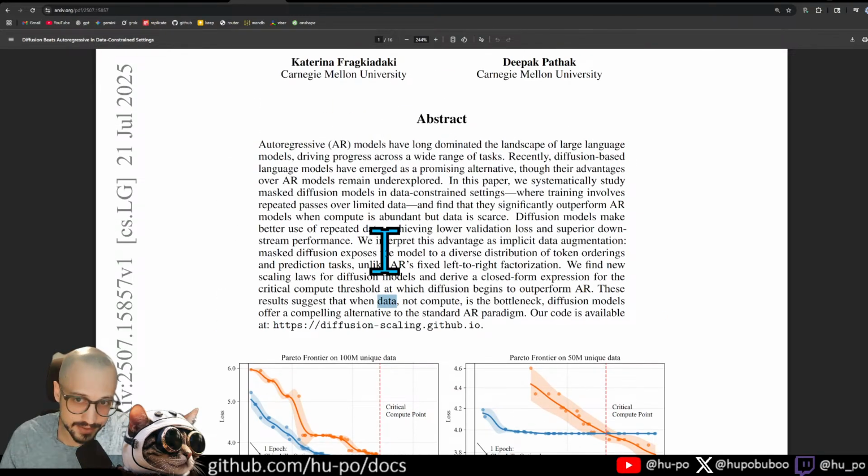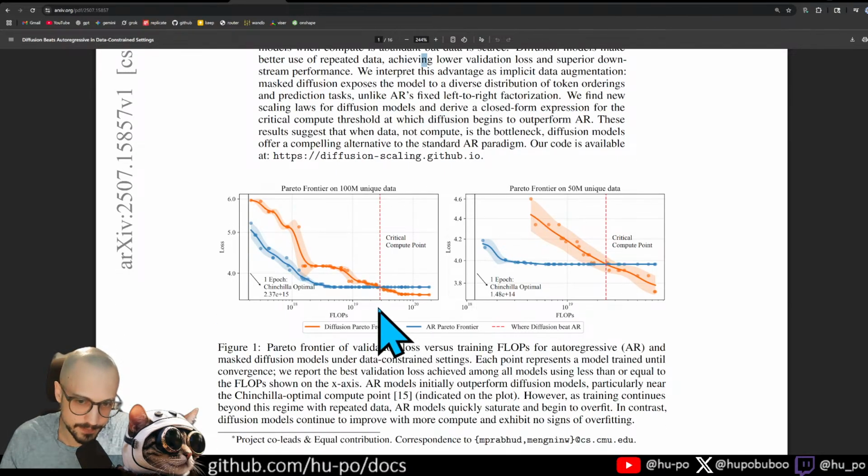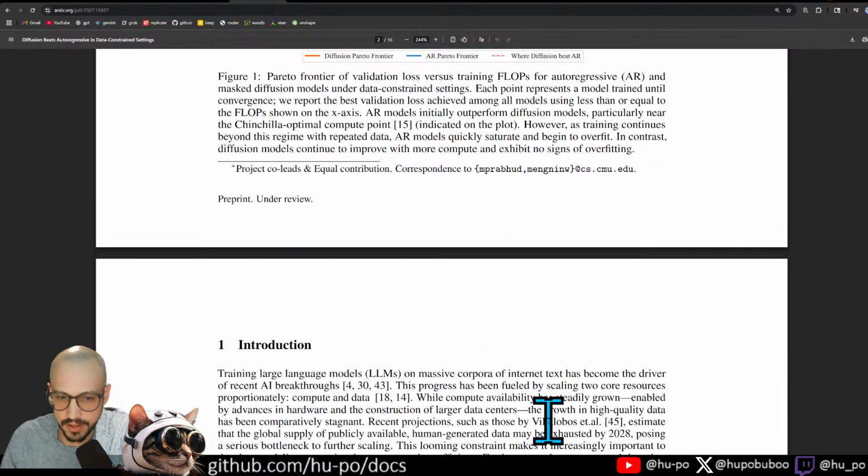And the key point in this paper is that at some point, these autoregressive models quickly extract all the intelligence that they can, but these diffusion models are capable of going beyond that. And it all basically comes down to this idea of the implicit data augmentation that exists in a diffusion model. And this is 100 million unique data, 50 million unique data, right?